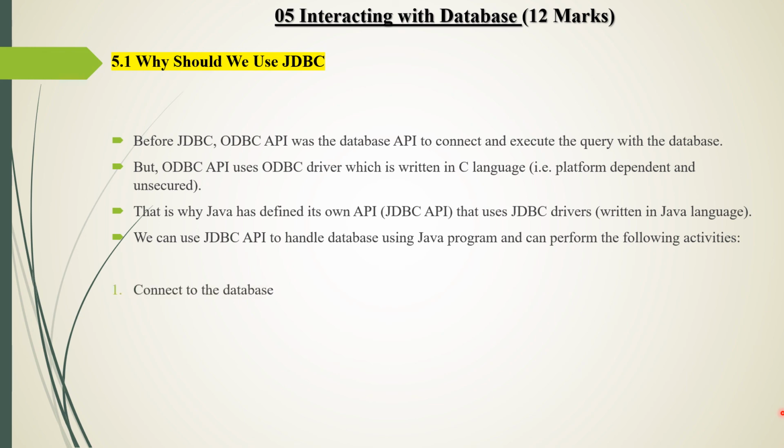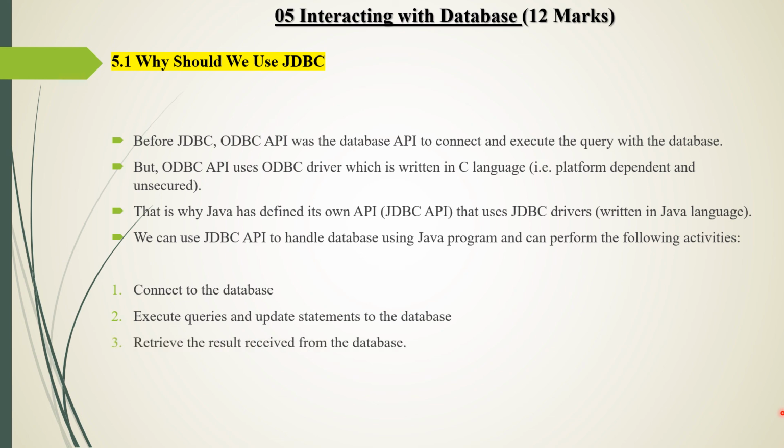So the first important activity is connection with the database. Second one, execute queries and update statements to the database. And last one, retrieve the data received from the database. So simple, three activities are there. First, connect with the database, then execute some queries and get the result from the database. So we can perform these three activities.